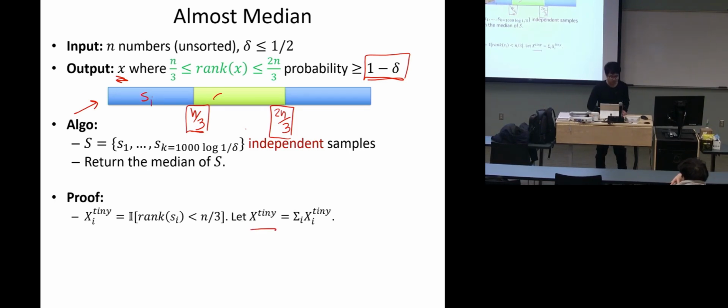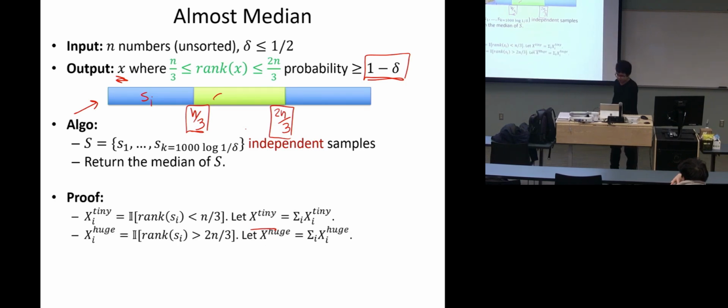Let x tiny count the number of too tiny samples. Do the same for x huge: x_i huge indicates whether your sample i is on this side, and x huge counts the huge samples.